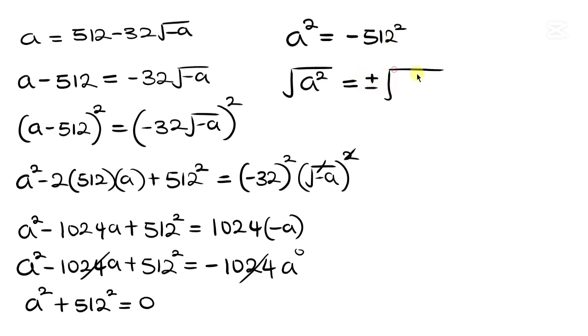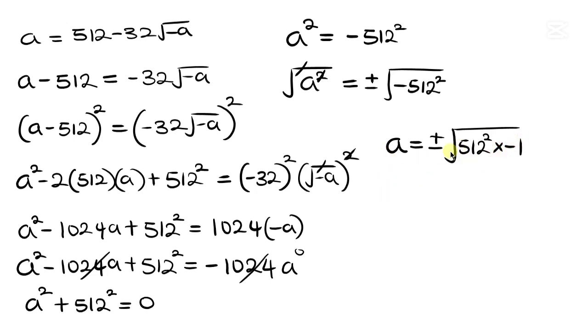Now the square root of the right, which is negative 512 squared. Now notice that this square root can cancel off the square, leaving behind a to be equal to plus or minus. If I have to simplify this, this will be the square root of 512 squared times negative 1.